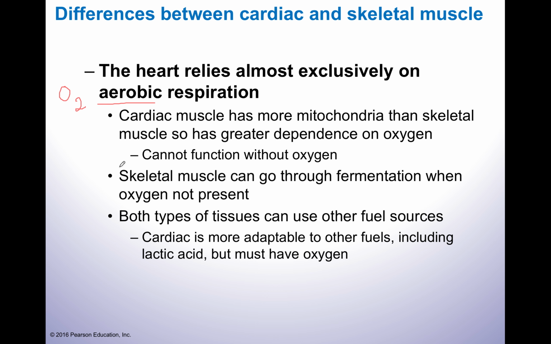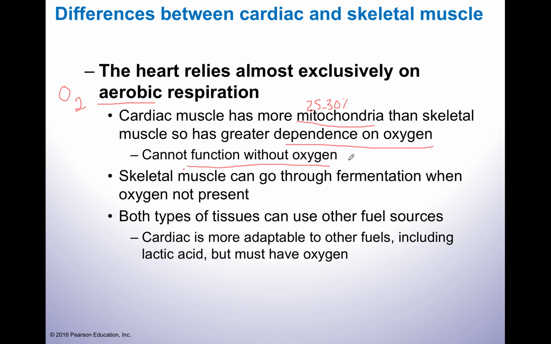Again, going back to what I discussed earlier, 1/20th of the blood supply goes to the heart because the heart requires a lot of oxygen. So cardiac muscles have so much mitochondria. Again, 25 to 30% of the mass of the cells are mitochondria, and they are much more than in a skeletal muscle. So cardiac muscles are highly dependent on oxygen and cannot function without oxygen.